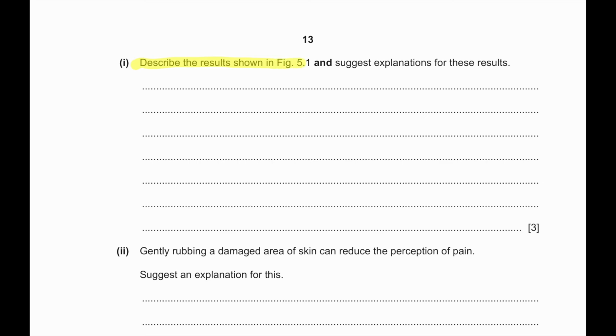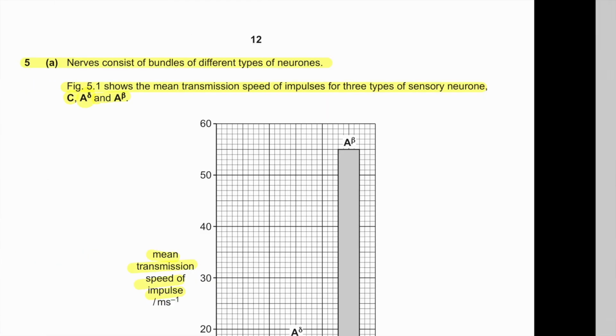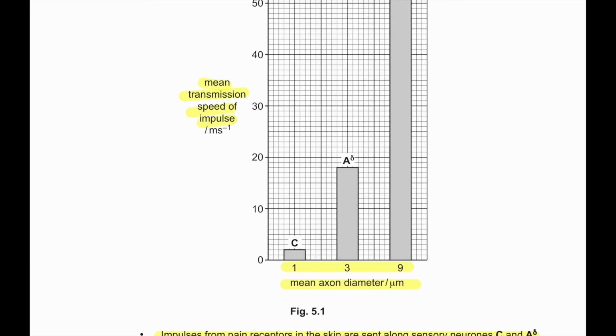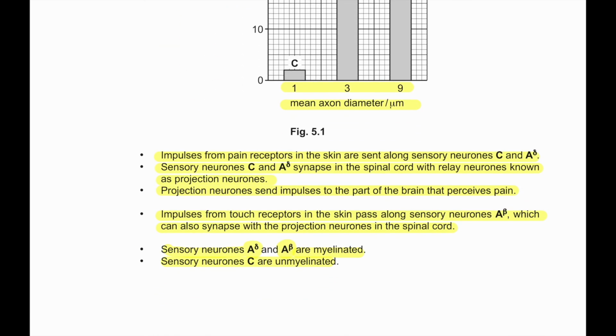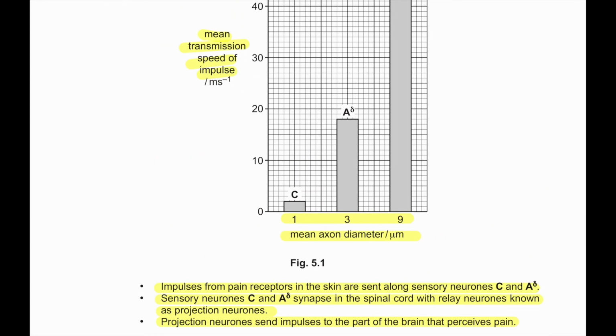Describe the results shown in figure 5.1 and suggest explanations for these results. So in 5.1 we can see as the mean axon diameter increases, mean transmission speed of impulse increases.